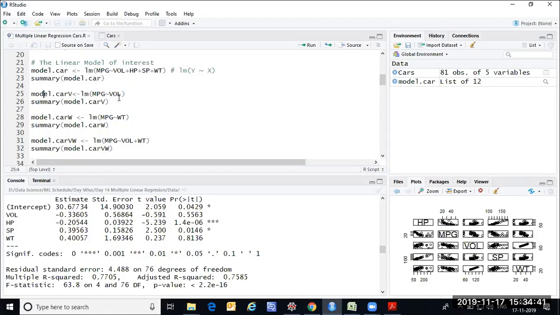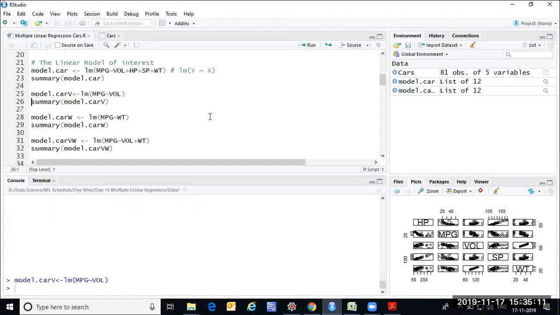Now let us check how volume alone, is it helpful towards the mileage prediction or not? Now I'm building another model where I'm considering the output variable MPG, tilde, input variable only volume. I'm not considering anything else, just to cross-check whether this variable is at all useful for the mileage prediction or not. Now let's see the results of this summary.